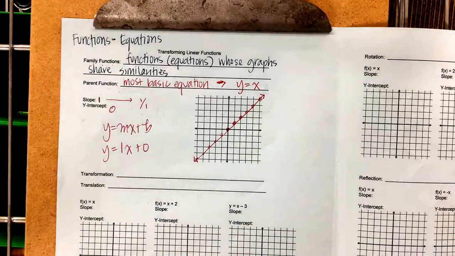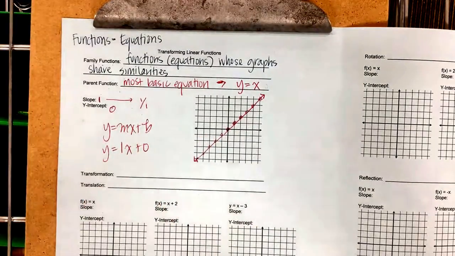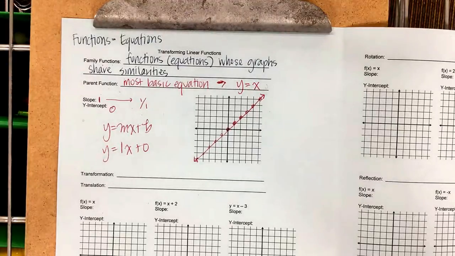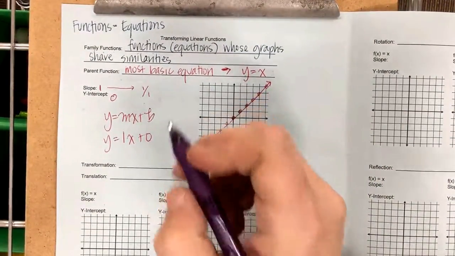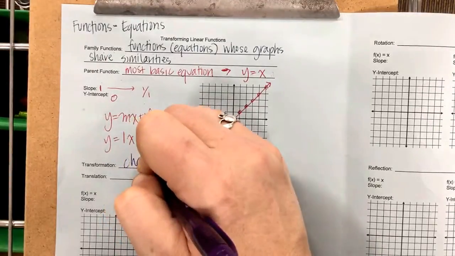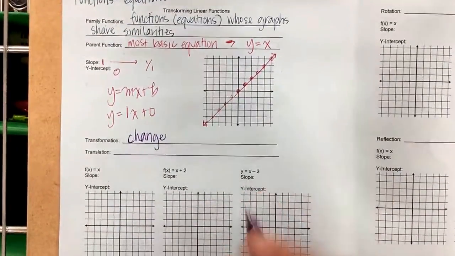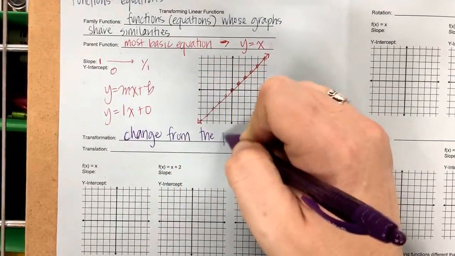We're thinking, how did the original, the parent, how did it change? What happened? So we're going to talk transformations first. And a transformation in geometry, in algebra, transforming something means to change it. And since we're talking about linear equations, we're going to talk about a change from the parent function.